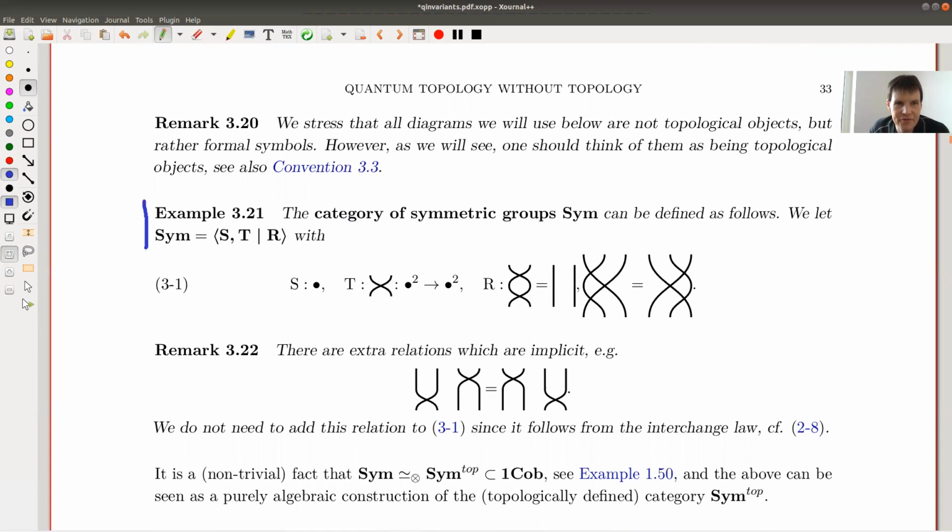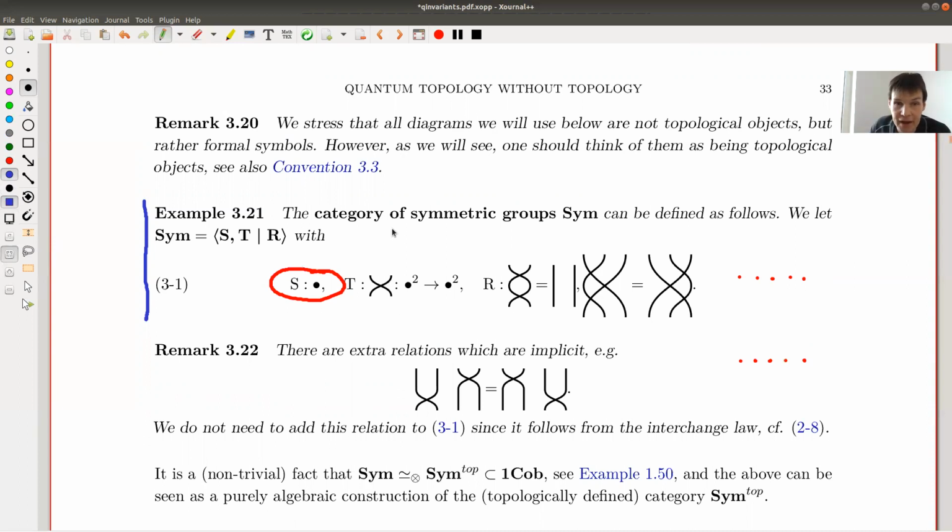My favorite first example is the category of symmetric groups. How does it work? I have S. My generating set S is just a bullet. So all objects are just a certain number of bullets. Let's say 5 bullets, another 5 bullets, whatever. And the only generator I have, so by the way, I should say identities are by definition included, so I don't need to write them down as generators.